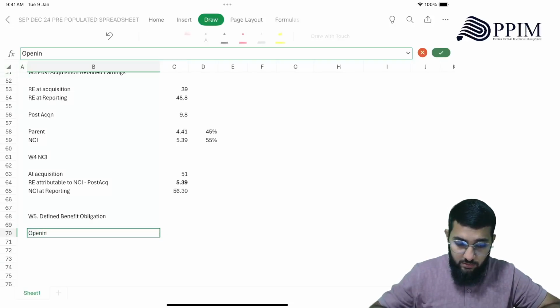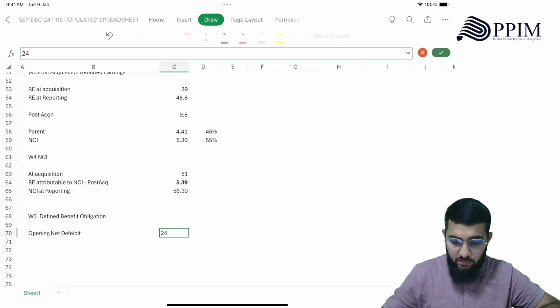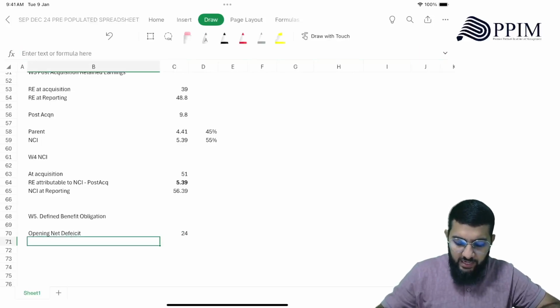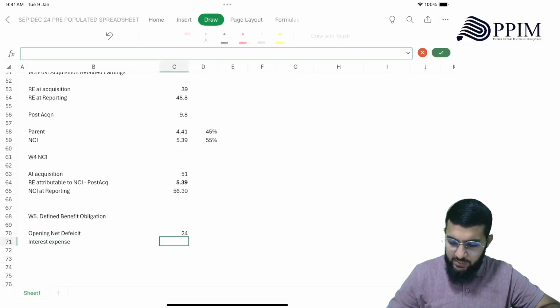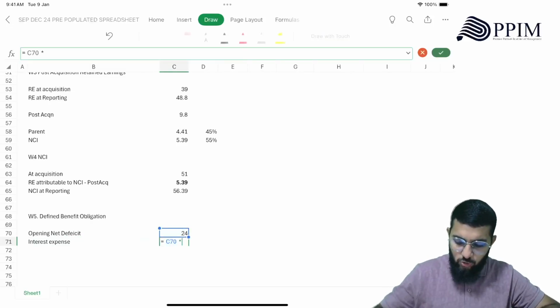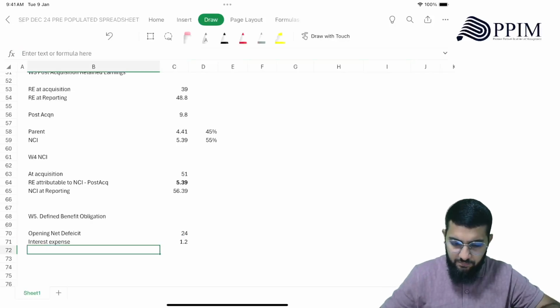Opening net deficit was 24 million. Interest expense was 1.2 million, which was this into 5%.